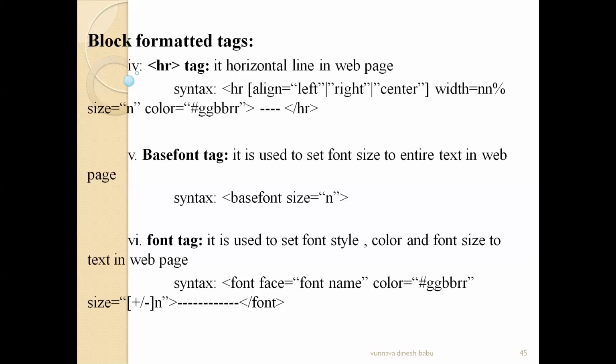The color of the font should be given to the color attribute. And the size of the font should be given to the size attribute. So this is how we can draw a horizontal line by using the HR tag. We can change the font size by using the base font tag. And similarly, we can change the font style by using the font tag. We can see all these things in the example programs.